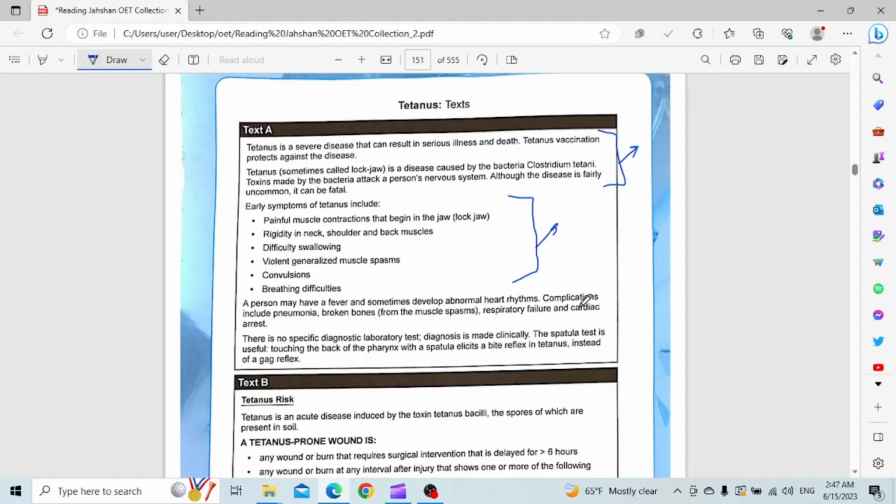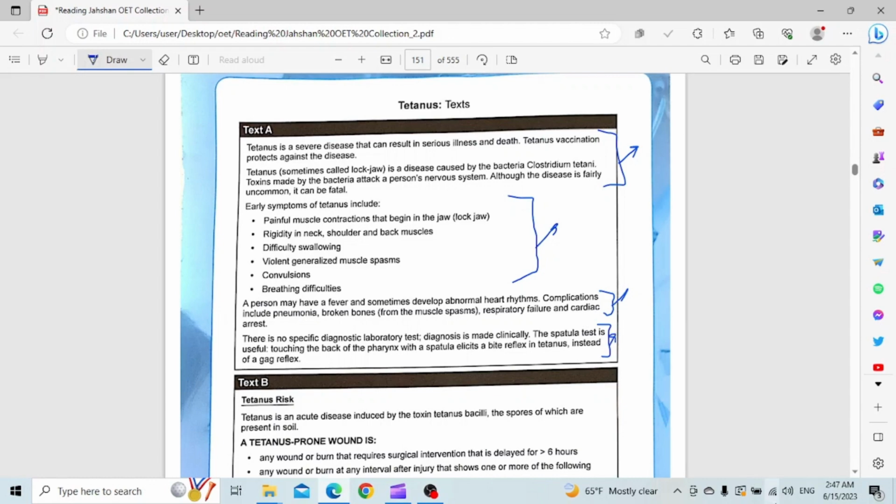Then I read this paragraph in a skimming way. Complications: pneumonia, broken bones, etc. So this is about complications. There's no specific diagnostic laboratory test, so this is about diagnosis.